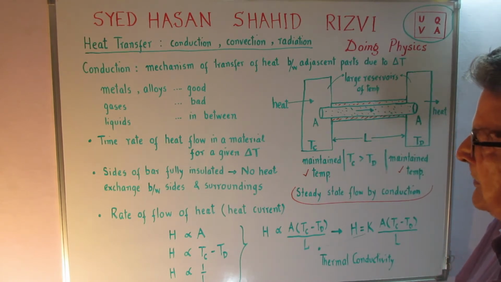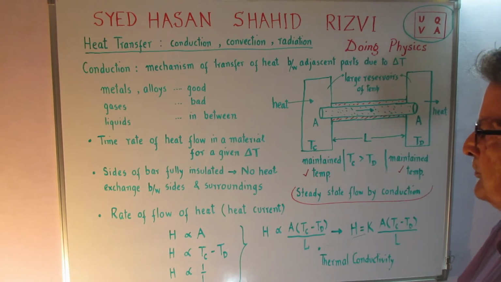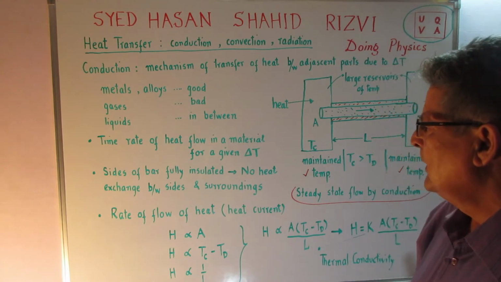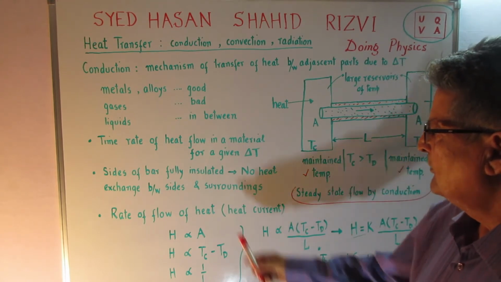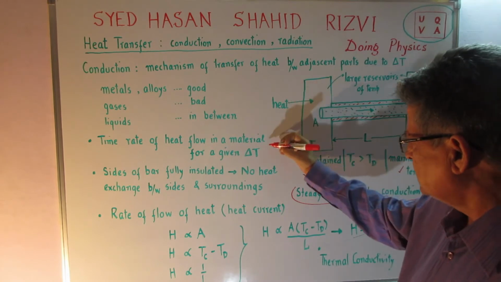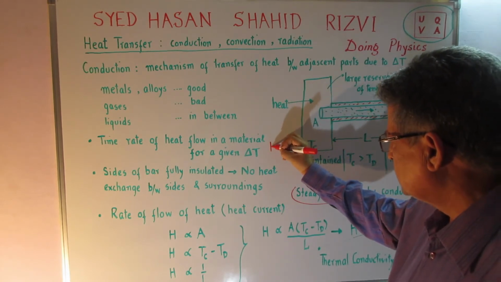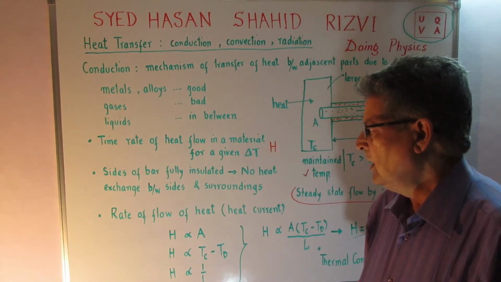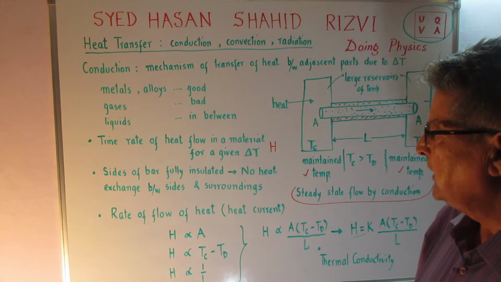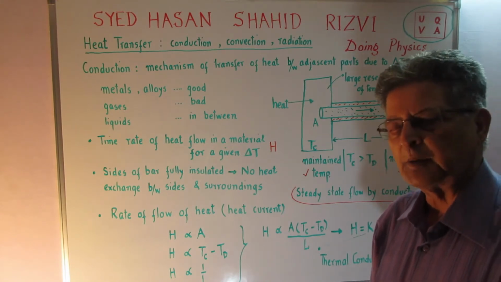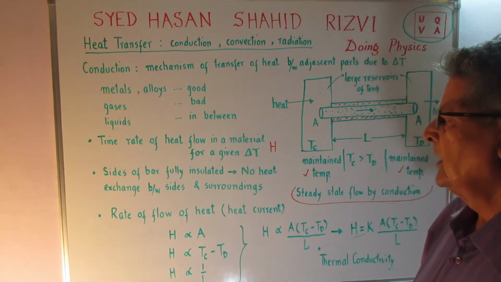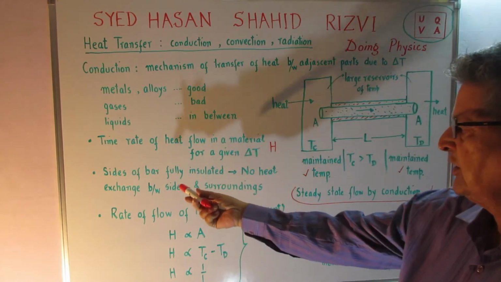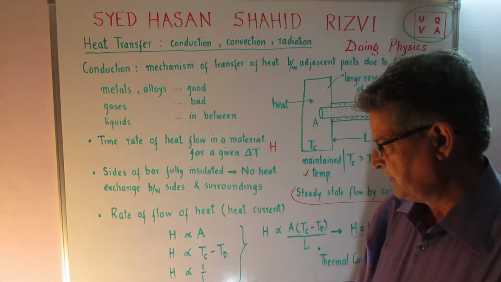Now let us see, what is this? There is a time rate of heat flow in a material for a given delta T, and this is what we call H. Okay, time rate of heat flow in a material for a given difference of temperature delta T. As I told you, the sides of the wire are fully insulated, no heat exchange between sides and surroundings takes place.